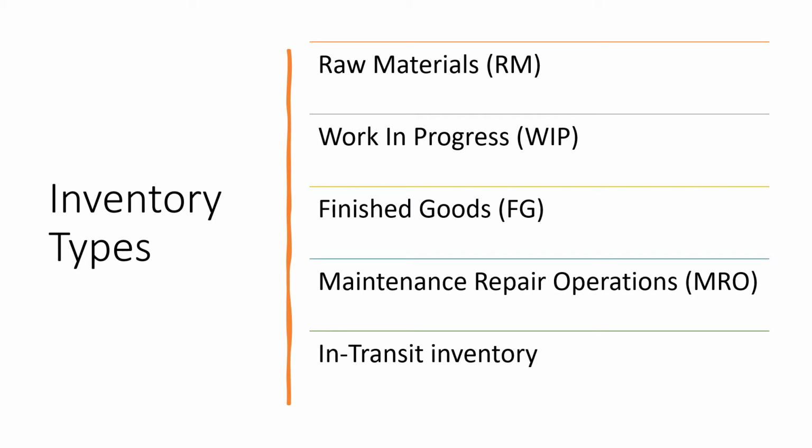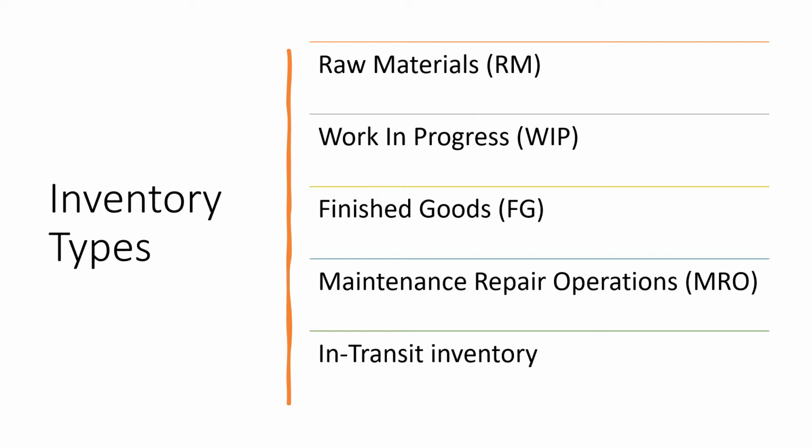Now, let's run through the definitions. I'm pretty sure it's obvious, but let's spend a minute to understand these different types. Raw materials are the items that you receive from the supplier but have not been processed, or the value addition has not yet started on those. Work in progress is the inventory on which the task of manufacturing or value addition has started.